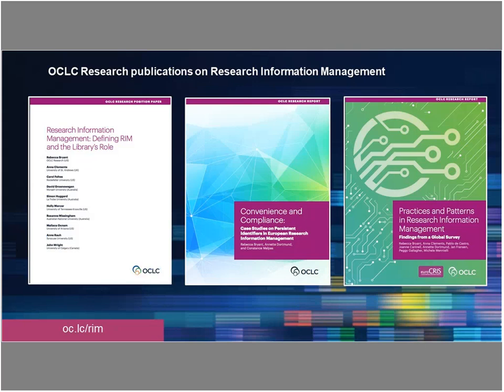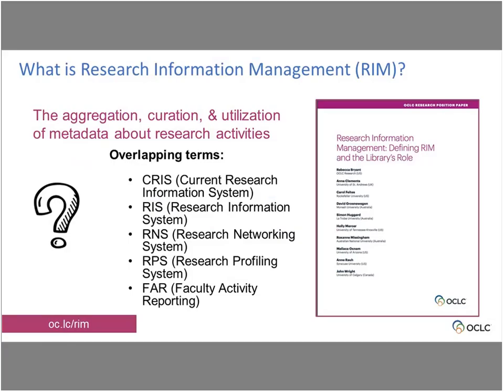And finally, the last report was a joint effort with CRIS, and it was a global survey of RIM practices in which we received nearly 400 responses from more than 40 countries. It provides a comprehensive view of RIM practice and also sharpens our view of regional distinctions. My co-presenters today have been collaborators on one or more of these publications.